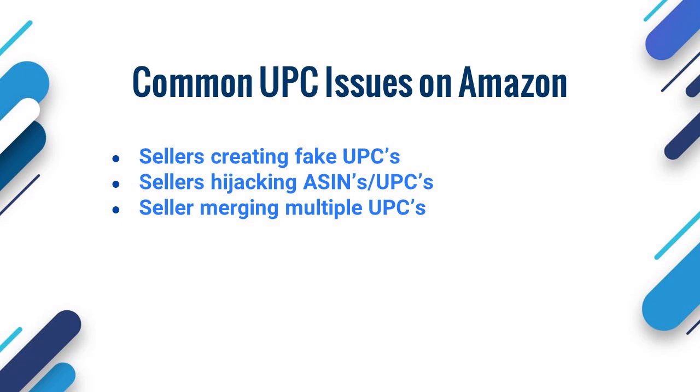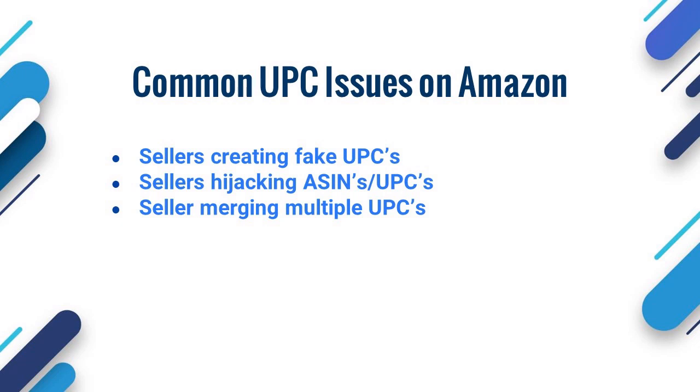And what they would do is they would attempt to take over that listing, add their own images, update the title and product features and so forth, and be able to sell on that listing with a parent number of real product reviews. Obviously, this is not recommended, and it can and will probably get you suspended from Amazon, but it's something to be aware of, and we'll talk about in the next section how to deal with it if you have a UPC code that you own hijacked by another seller.